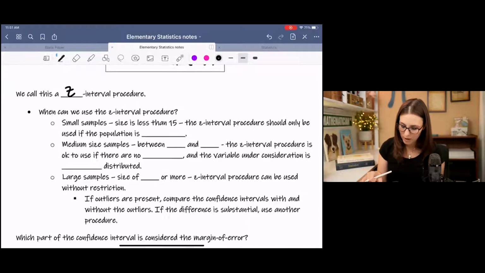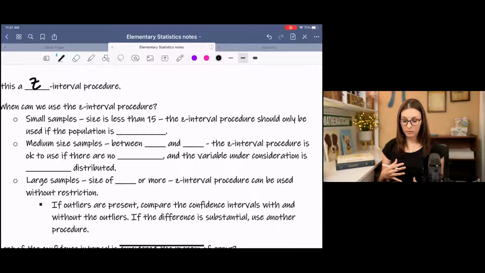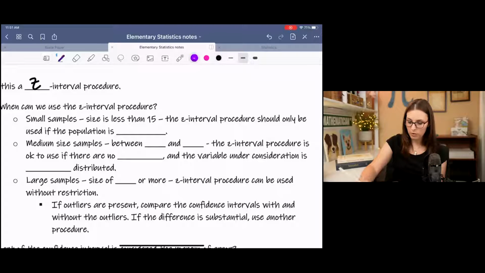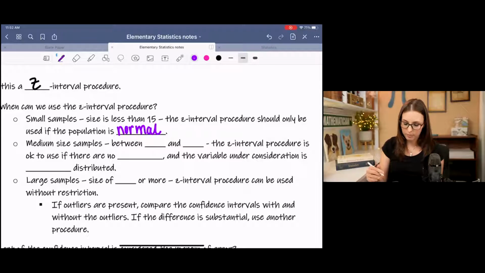If your sample size is small, less than 15, the Z-interval procedure should only be used if the population is, as you remember from central limit theorem, normally distributed.